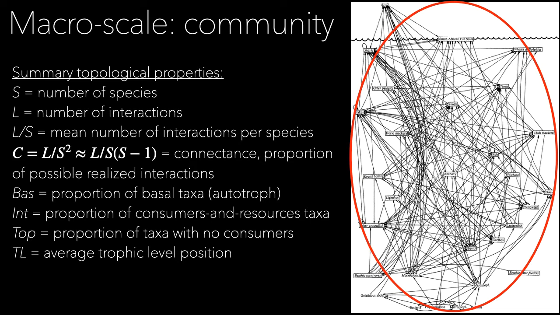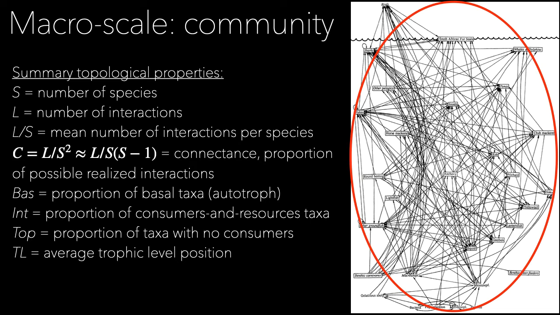Then we can also look at the intermediate species, the proportion of consumers and resources taxa. We already know that the same species, like the anchovy, can be at the same time a consumer and a resource.